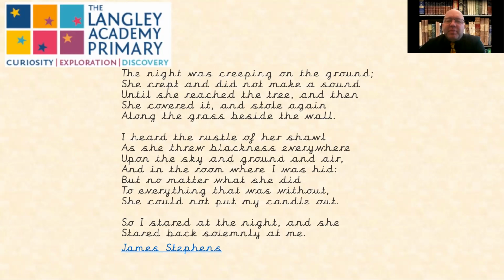But there's some lovely personification in here, because ultimately we are just talking about it getting darker. And we could have said that. I mean, we could have got rid of all of these words and just said it was getting dark. But it wouldn't be anything like as wonderful a use of language.